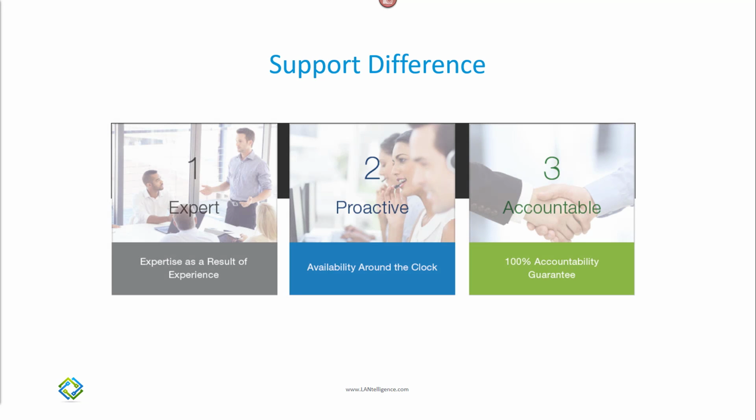So it really comes down to our support difference: expertise, proactive, around the clock, 24/7. We have lots of customers that are 24/7, hospitals, elderly care. Even at one point, operations at Knox. So we're available around the clock, and also offer a 100% accountability guarantee.